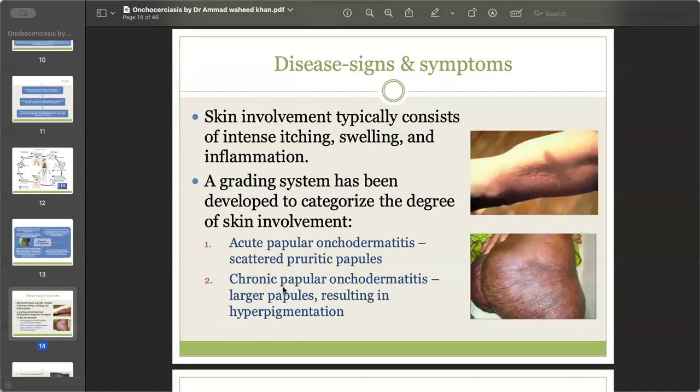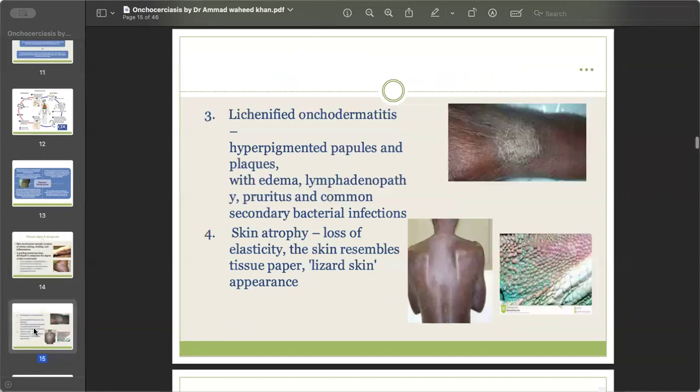Second is chronic papular onchodermatitis: large papules resulting in hyperpigmentation. Third is lichenified onchodermatitis: hyperpigmented papules and plaques with edema, lymphadenopathy, pruritus, and common secondary bacterial infection.